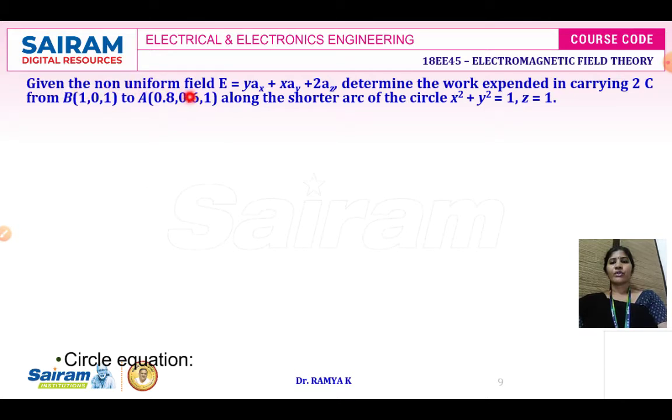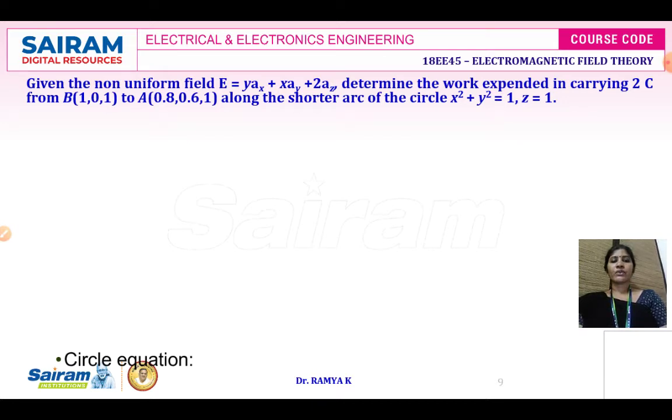First, we'll see one problem. Given a non-uniform field E = y aX + x aY + 2 aZ, where aX, aY, aZ are the unit vectors in the direction of X, Y and Z. Determine the work expended in carrying 2 coulomb of charge from point B (1, 0, 1) to point A (0.8, 0.6, 1) along the shorter arc of the circle x² + y² = 1 and z = 1.